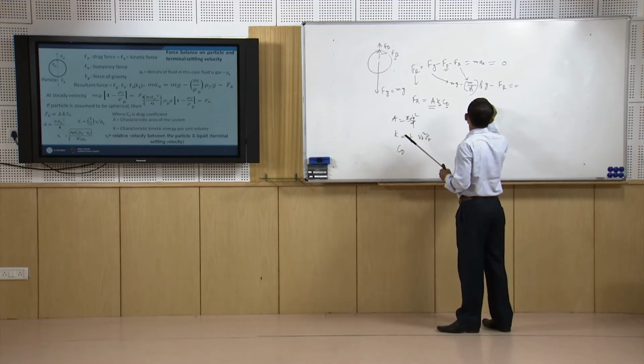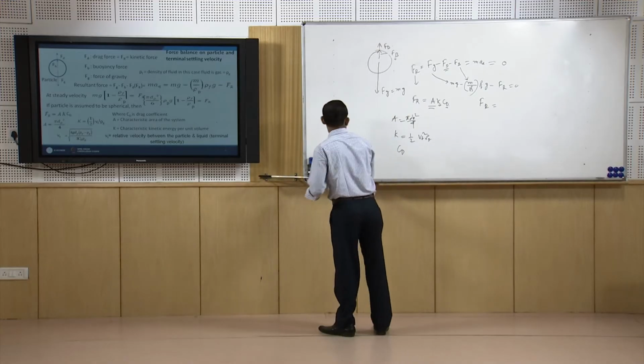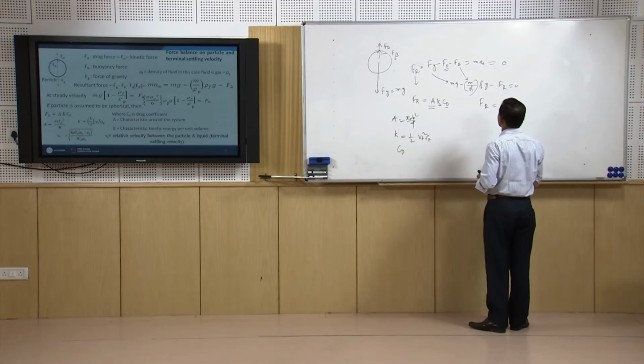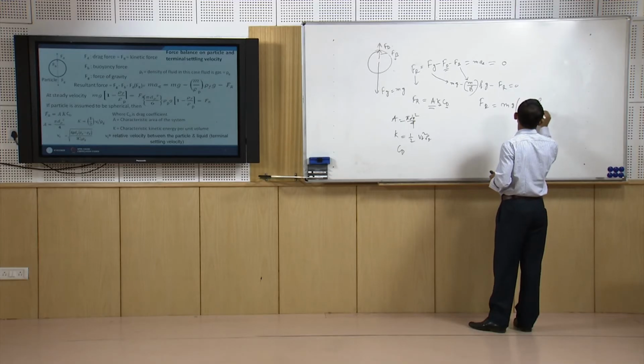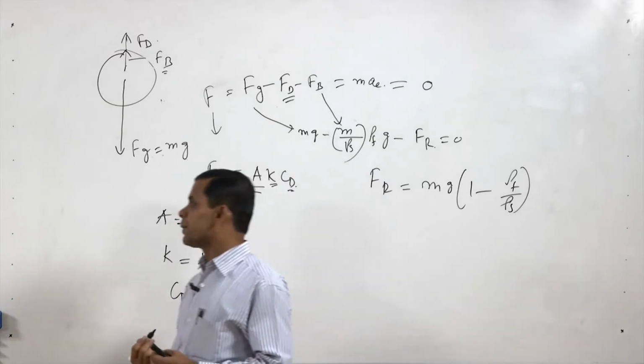So Fr is equal to mg, that is m into g into 1 minus rho f by rho s. This is the expression.